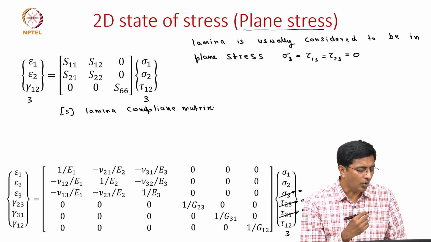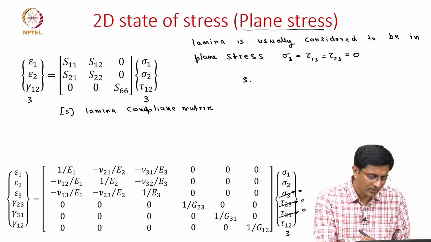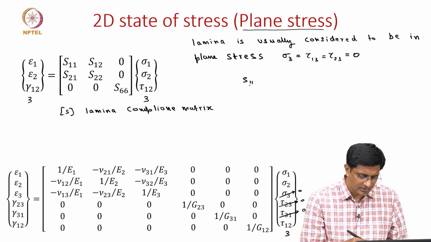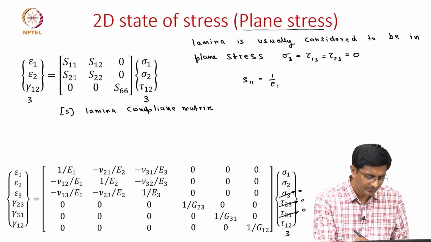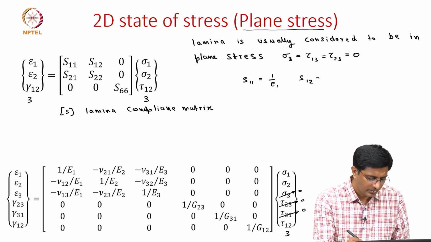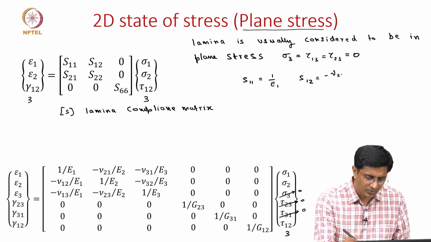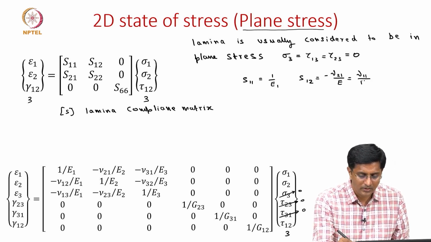Now, let us see what are the components of these compliance matrix. So, S11, by looking at this 6 by 6 matrix, we can write it as 1 by E1. S12 is minus nu21 by E2, which can also be written as nu12 by E1.